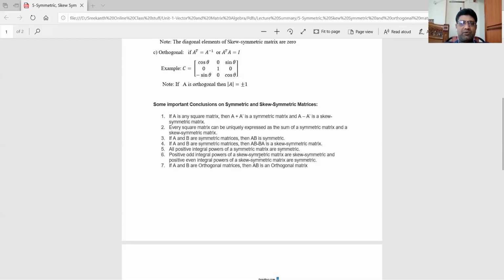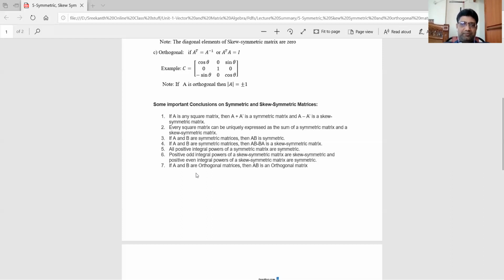If it is even powers, you will get symmetric. That means suppose A is skew symmetric and you calculate A square, then definitely you will get symmetric. If you calculate A cube, you will get skew symmetric. So that is one interesting property on skew symmetric matrices.